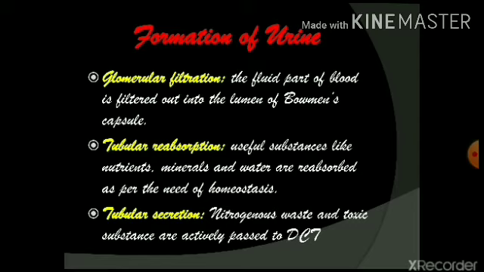The last step is tubular secretion. Nitrogenous waste and toxic substances are actively passed on into the DCT, and this process is called tubular secretion.